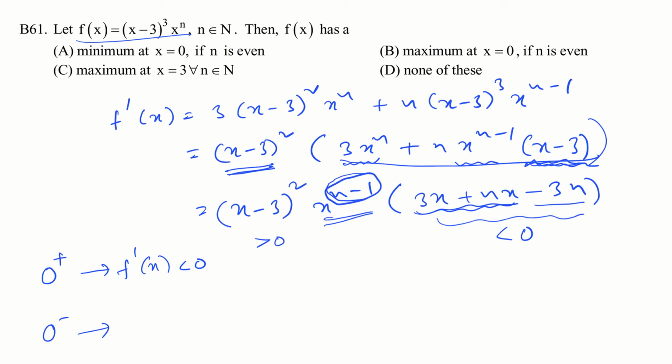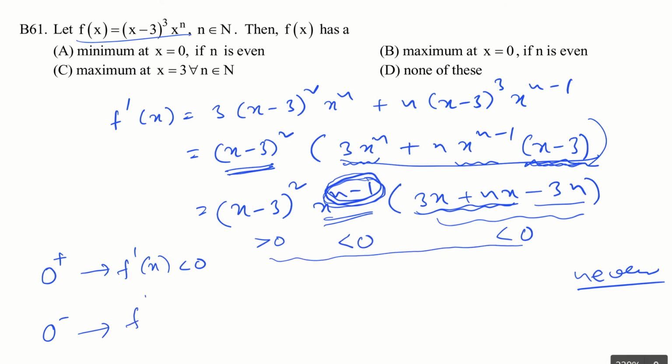I want you to observe that if this is going to be odd, n minus 1 is odd, that means n is even. So when n is even, then I can say that this is negative, and then I can say that the whole thing will become positive. The derivative will be positive.